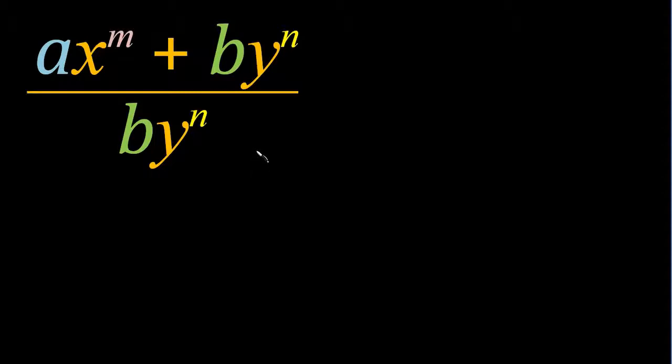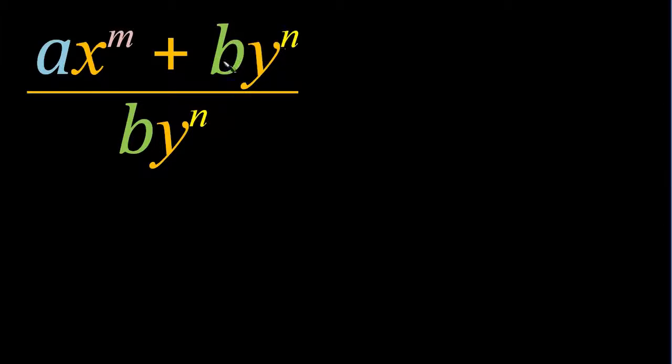Now, just to summarize then, if we have this as a general expression for the sort of things we've been dealing with, you can see very clearly how tempting it is, if we've got the same coefficient of the y variable here, the same index here, it just looks like you ought to be able to cancel these two and just be left with a x to the power m. But no, you can't. Why not? Well, because whatever this ax to the power m turns out to be, it is added to the by to the power n before we're dividing by by to the power n.